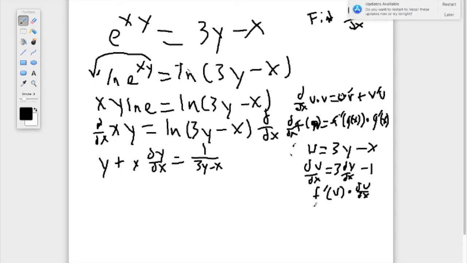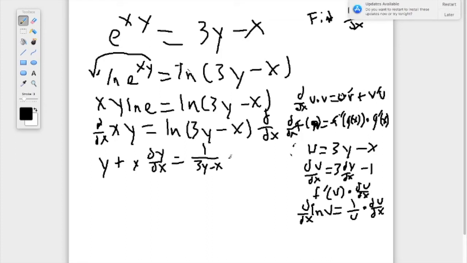In this case you'd take the derivative of ln u, which is just 1 over u. But since u is not x, since they are different variables, you have to multiply by du dx, which is 3 dy dx minus 1.